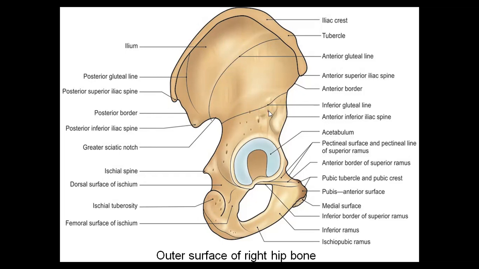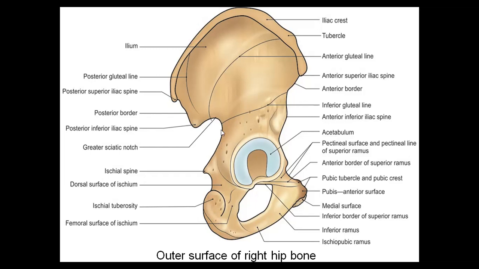Now if you observe behind, this is the posterior superior iliac spine and posterior inferior iliac spine. As you trace inwards, there is a notch over here called the greater sciatic notch.